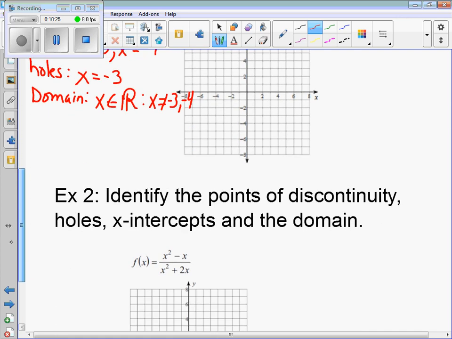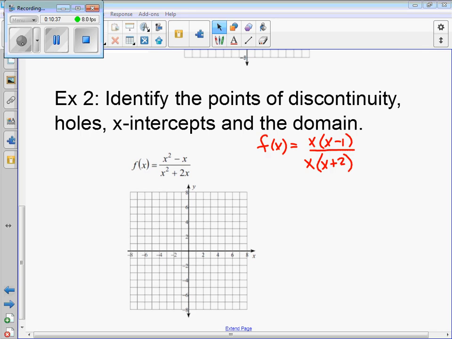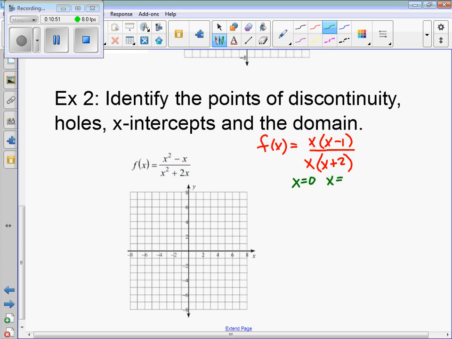Another example. Let's factor it. I factored the numerator and denominator, taking the greatest common factor out of each. The zeros that make the denominator 0 are x equals 0 and x equals negative 2. These are our points of discontinuity. Looking at the holes, is there something in the numerator and the denominator that will cancel out?